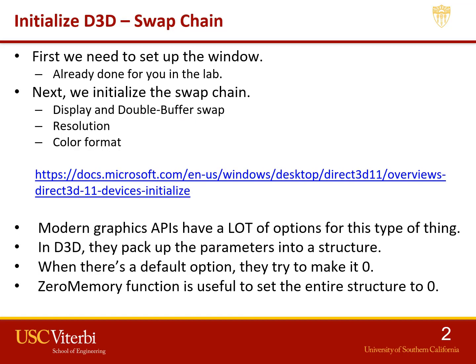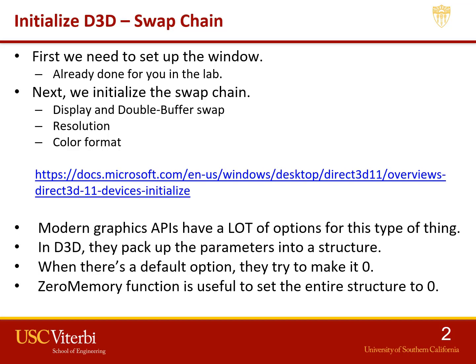We now need to set one of those up. So we'll need to ask the system to set us up this double buffered swap chain, and we'll need to tell it what resolution we want and what the color format is and whatever other parameters come up in that.